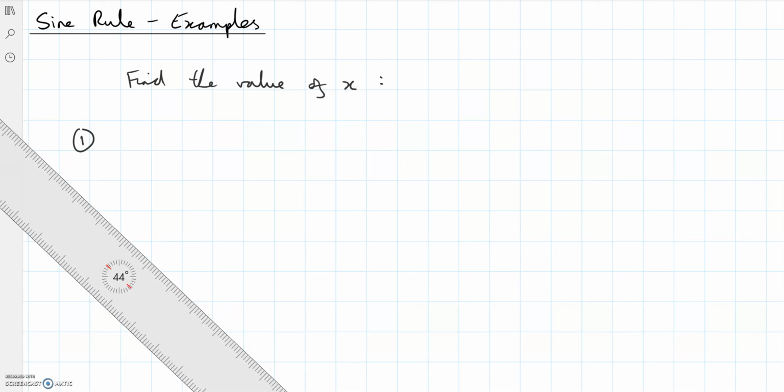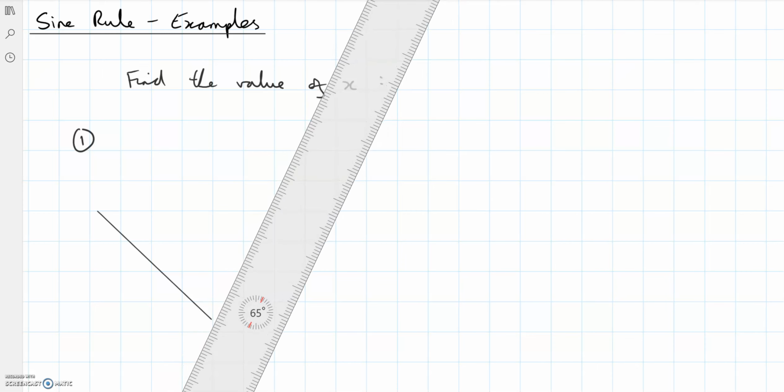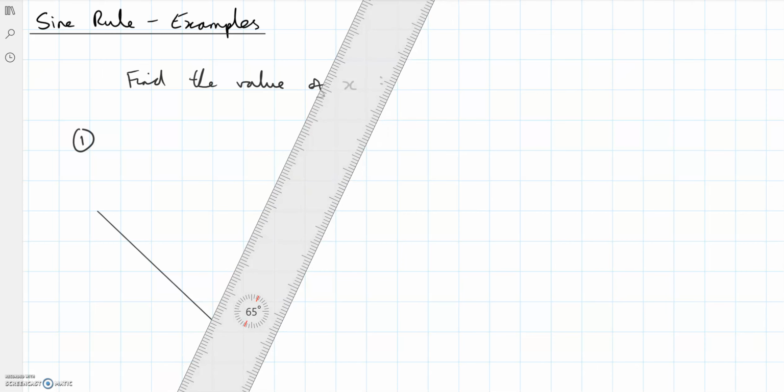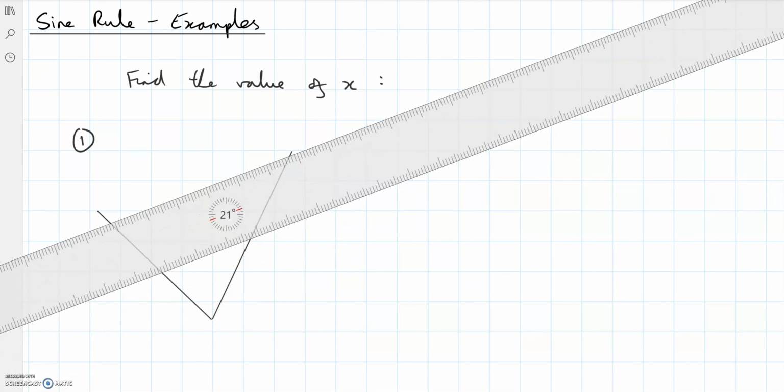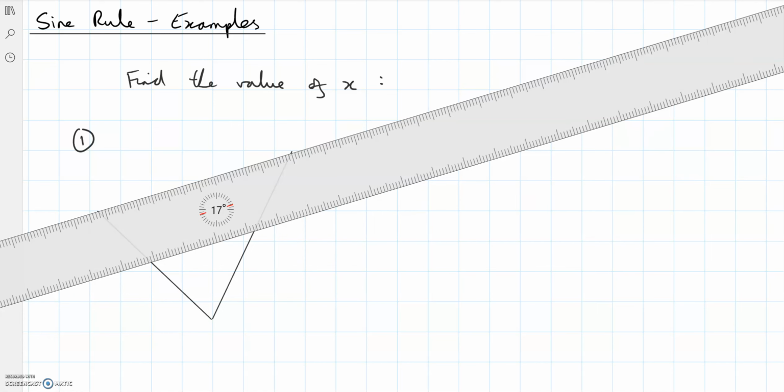So remember, sine rule is used in non-right angle triangles. So get your pencil and ruler out yourselves. Pause the video if you need to catch up, although you probably will be a bit quicker than me, I would hope. But keep your notes nice and neat so you can refer back to them.